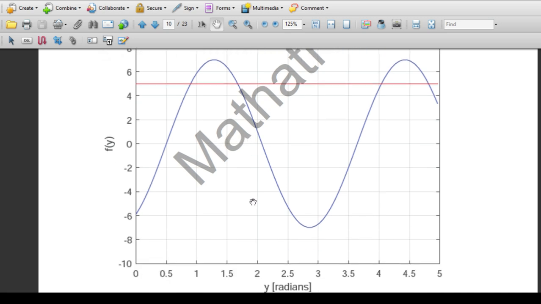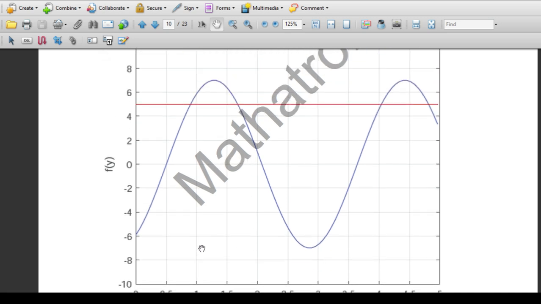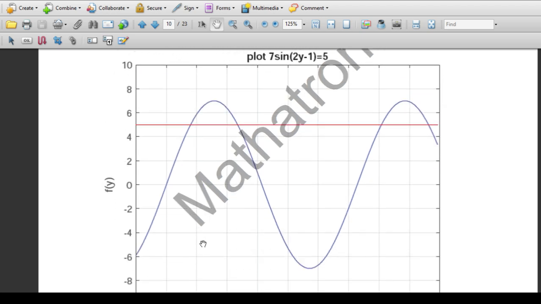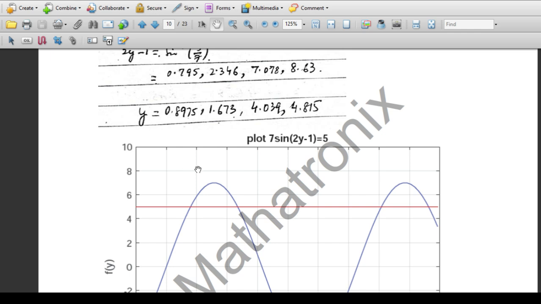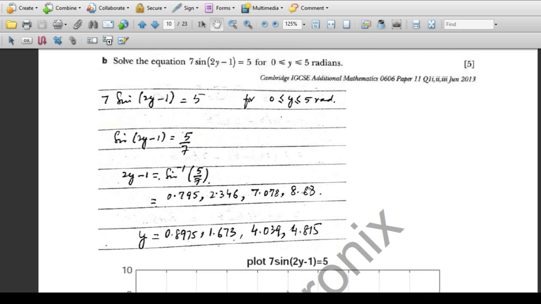And then this is quadrant. So it's shifted. We have obtained this solution, but after that we have manipulated it.